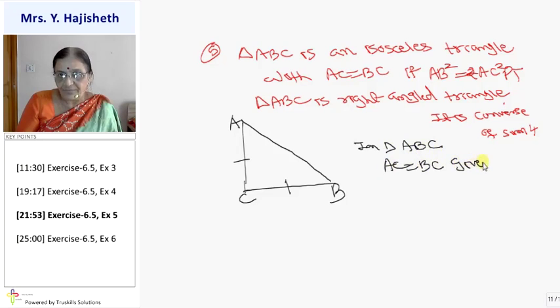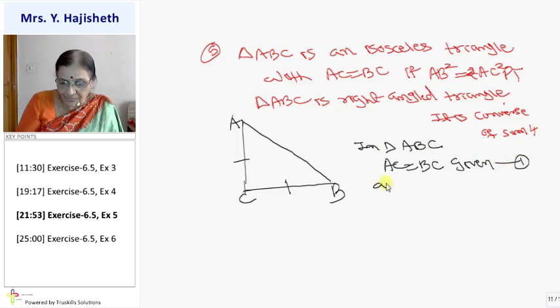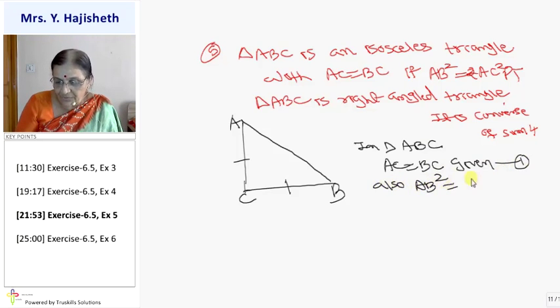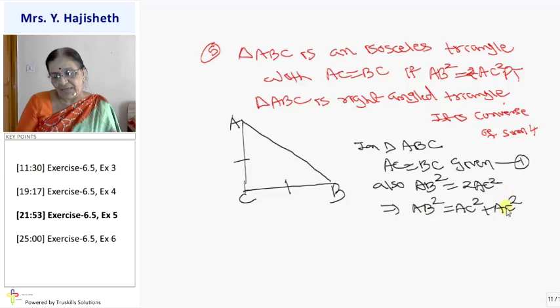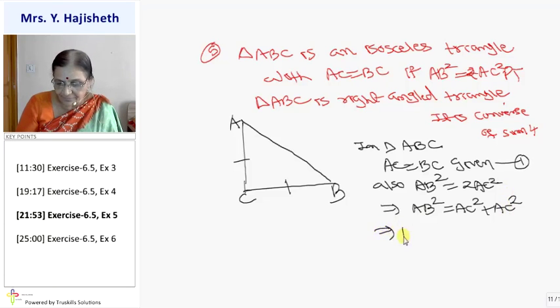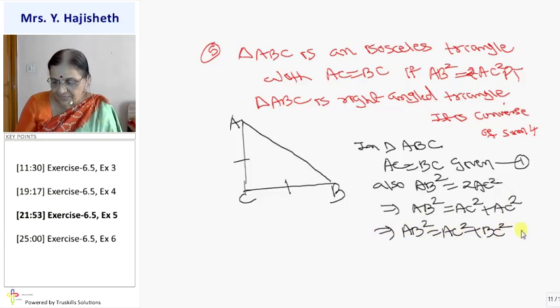This is given. And you are also given AB square is equal to 2AC square. So I can write it as AB square is equal to AC square plus AC square. For one AC square, I will write BC square. AB square is AC square plus BC square by 1.